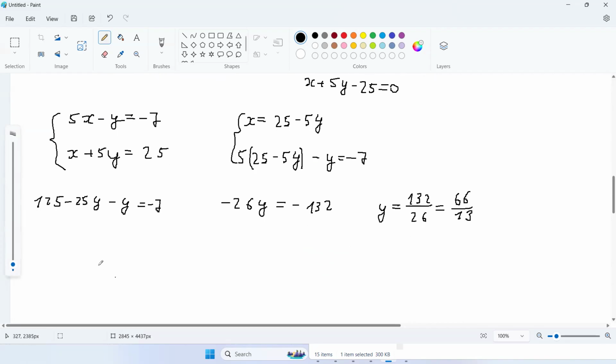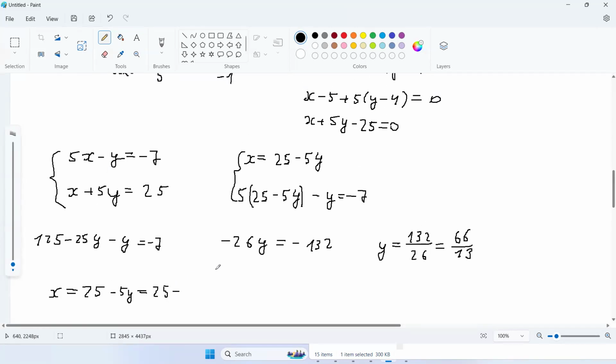Then x equals 25 minus 5y. So 25 minus, oh my goodness.